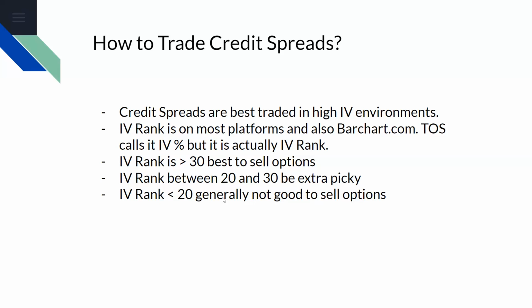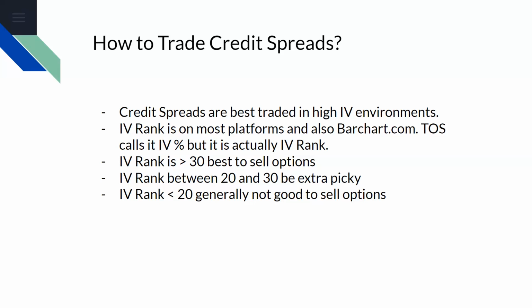If the IV rank is between 20 and 30, you need to be extra picky and make sure that it is a really good setup. And if the IV rank is below 20, generally avoid it. There are a few occasions that you might have something that works in that range, but generally if it is below 20 IV, you don't want to trade it.